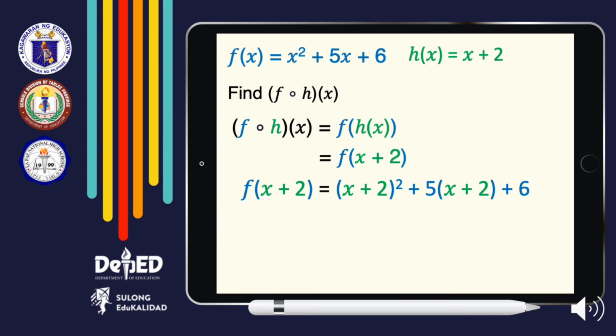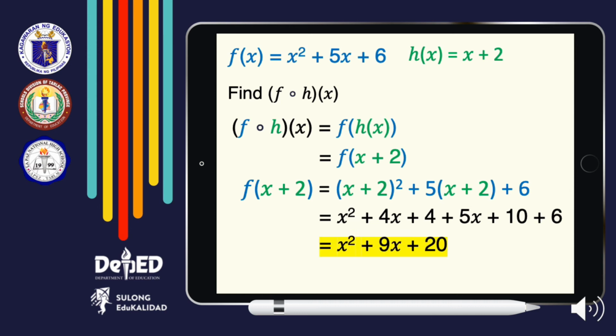Next, perform the operations. So x plus 2 squared is x squared plus 4x plus 4. Positive 5 times x is positive 5x. Positive 5 times positive 2 is positive 10 plus 6. Now let's combine like terms and simplify. So that will be x squared plus 9x plus 20.